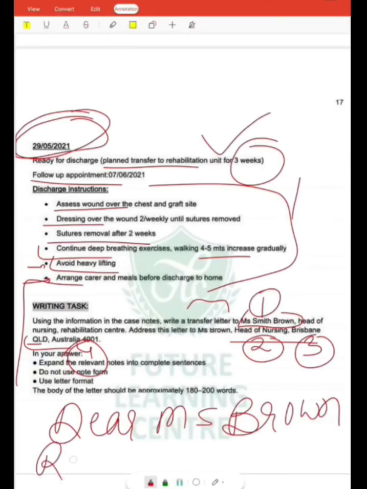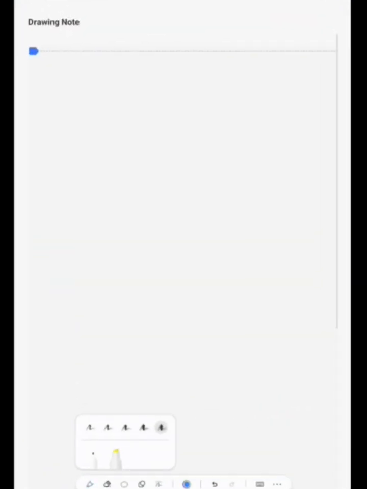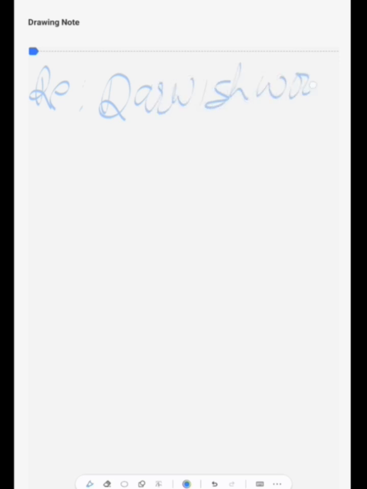Regarding. You need to read the exact spelling, and you need to write the full name, Darvish Woods. Okay, I will write it down here so you can understand it easily. Regarding Darvish Woods, aged 77.